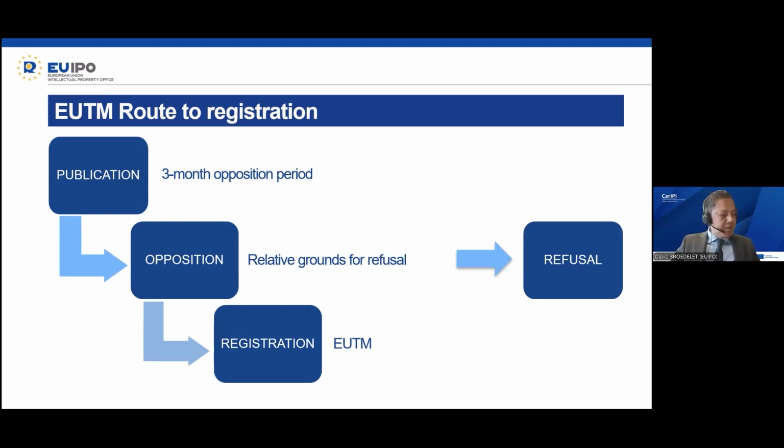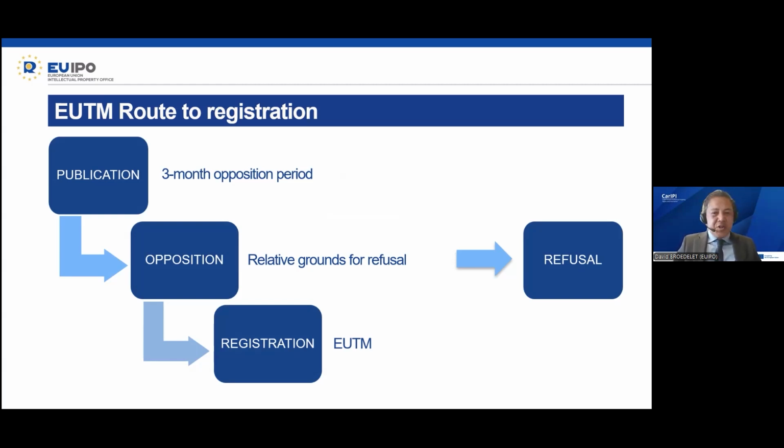But the most common grounds are that there is a double identity of the design applied for and the goods and services for which protection is sought, and it just coincides with the previous trademark. So there can be a likelihood of confusion. This means that consumers will confuse the trademark that is applied for with the trademark that is already registered. And also there can be an earlier trademark with a reputation. So this means that there can be opposition.